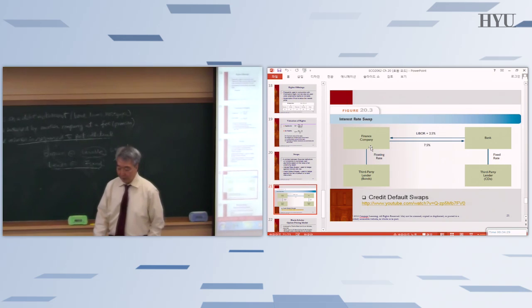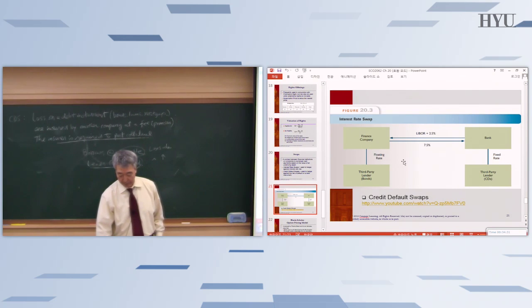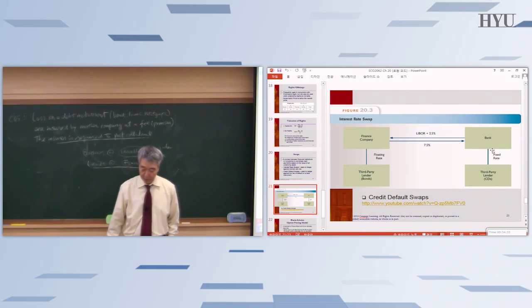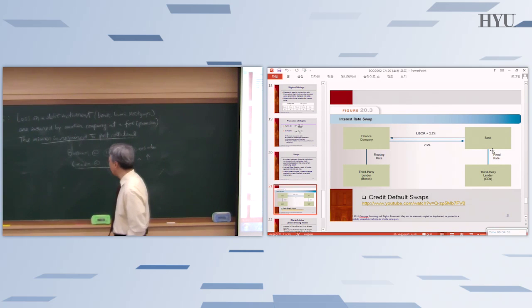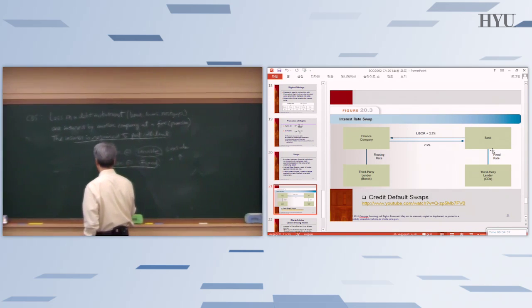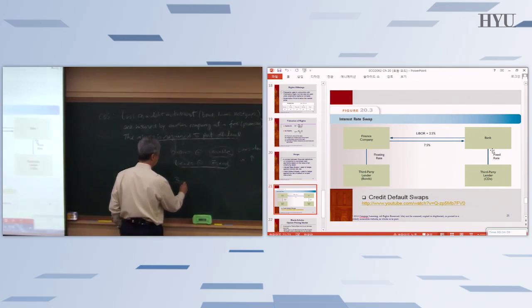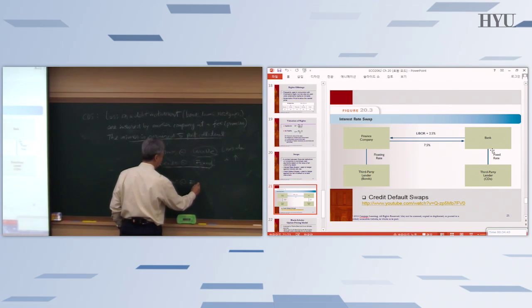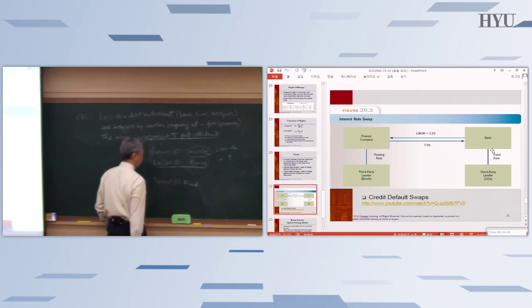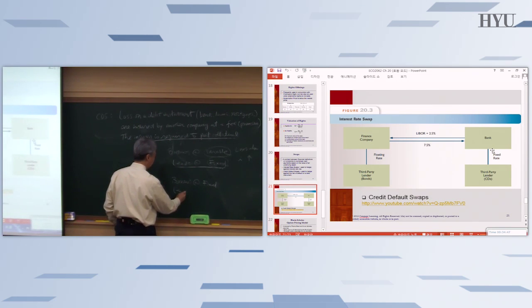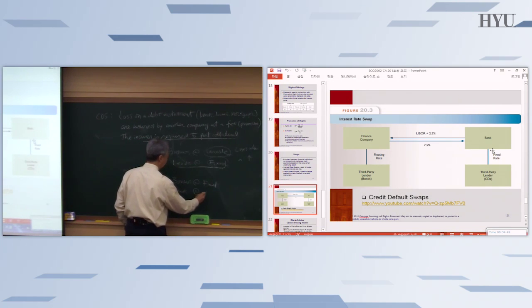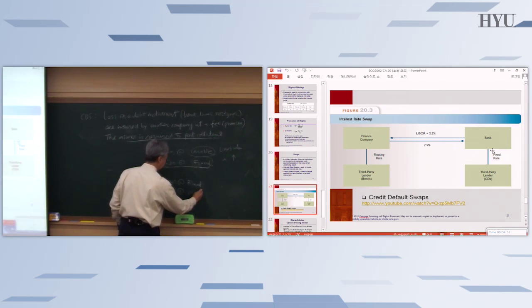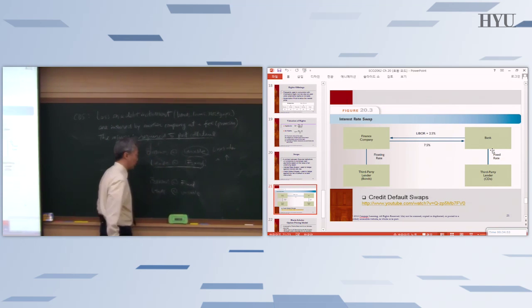On the other side, there is a bank. And here the assumption is the bank borrows at a fixed rate and lends at a variable interest rate.